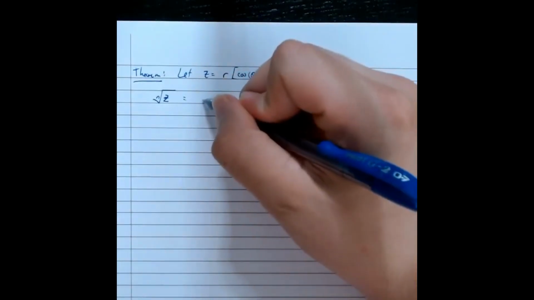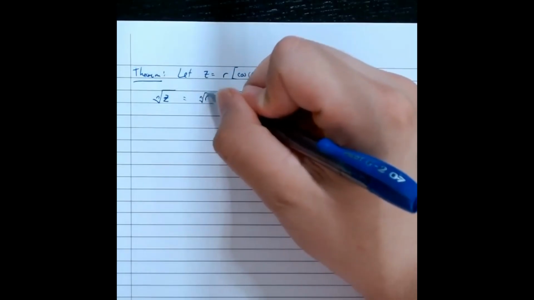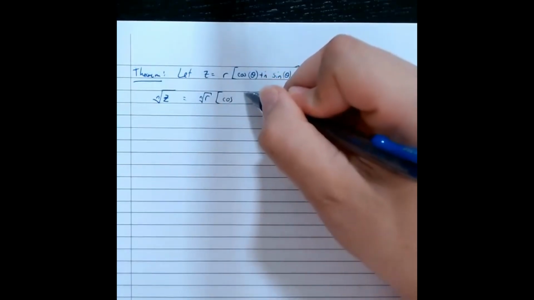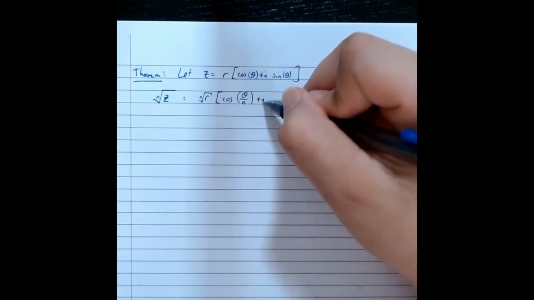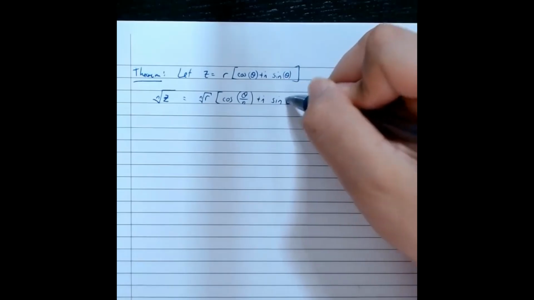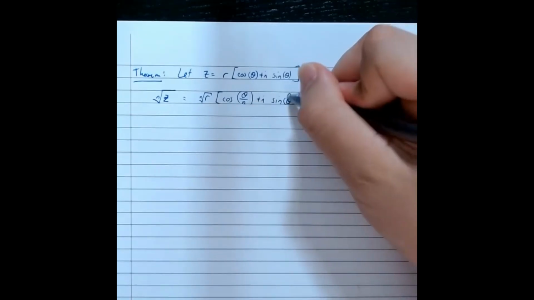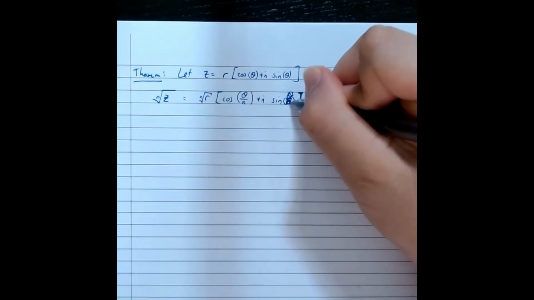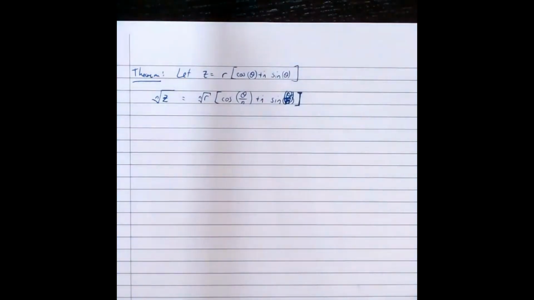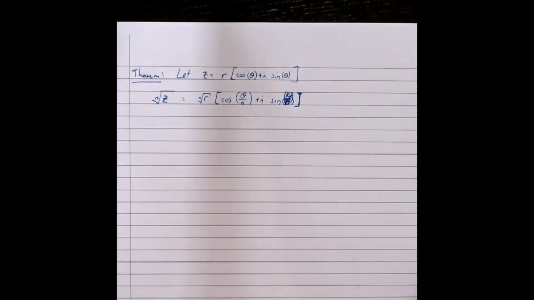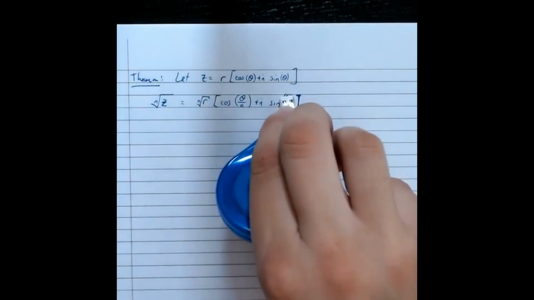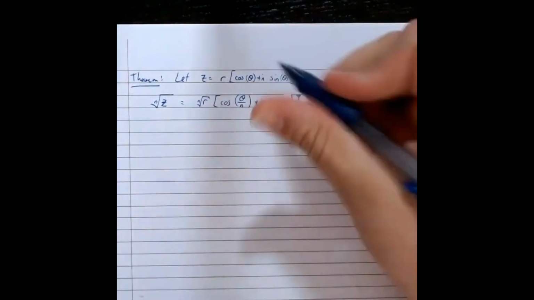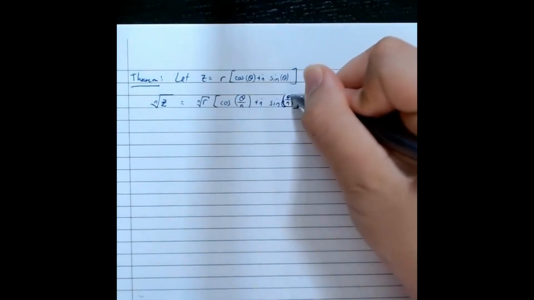That's going to be accomplished by taking the nth root of r, and then taking this argument and dividing it by n. That should be divided by n also. And that's our result. Let's write that one out a little bit nicer. That's theta over n.